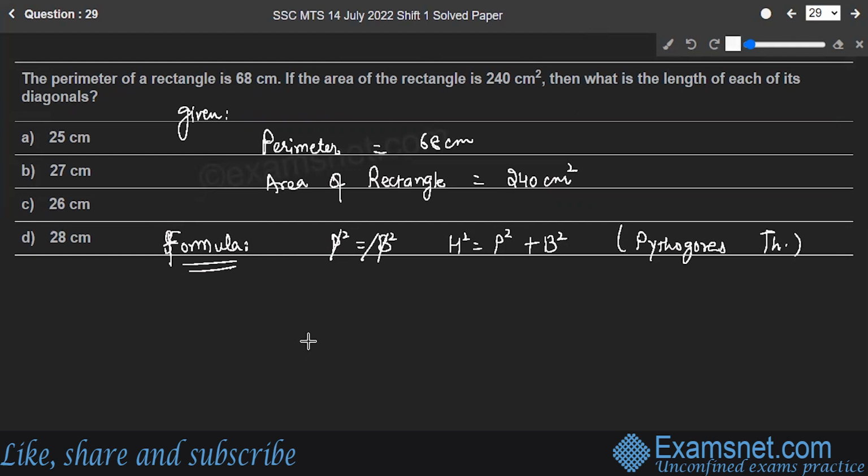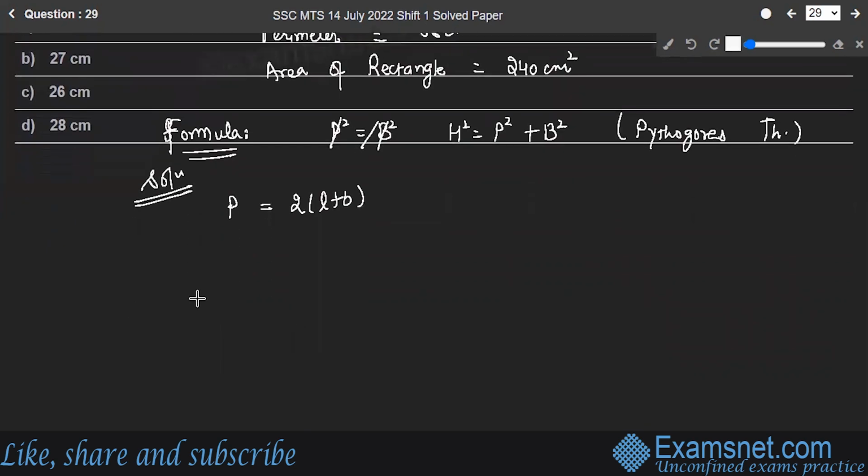Right. So let's go. You know the perimeter formula. Perimeter is equal to twice into length plus breadth. Here we are moving towards the solution. The perimeter of the rectangle is given by this. So that means 68 is equal to 2 into length plus breadth, which gives you 34 is equal to length plus breadth.